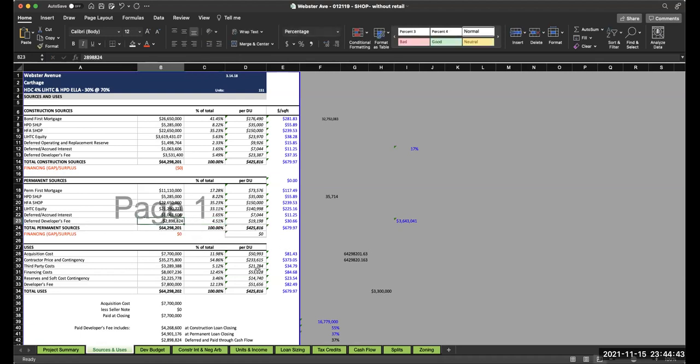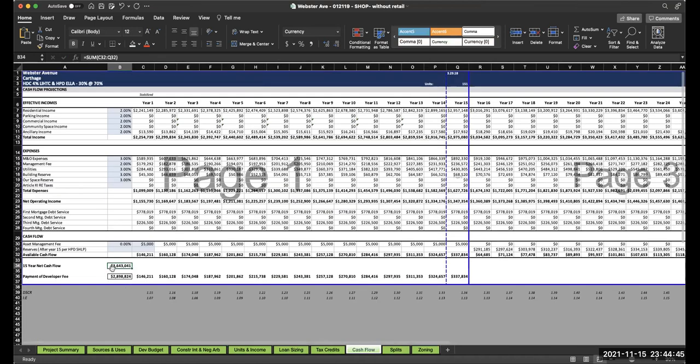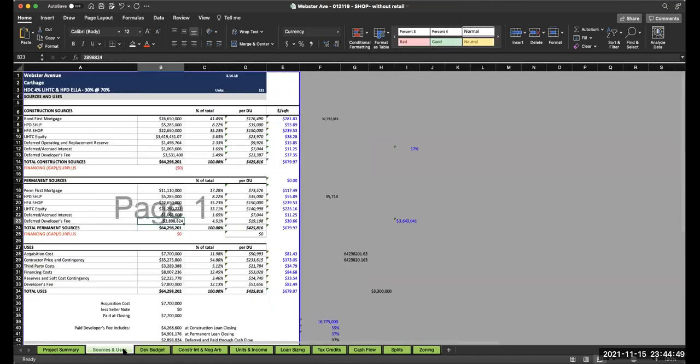So now we're going to defer 2.8, which is less than this 3.6, which is good. Again, the general idea is that the developer won't take all their profits and run, that you're going to be motivated to keep the building up to par because part of your profit is coming out of the building over time, right?